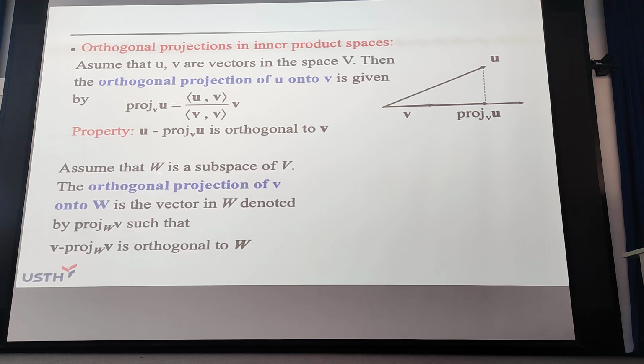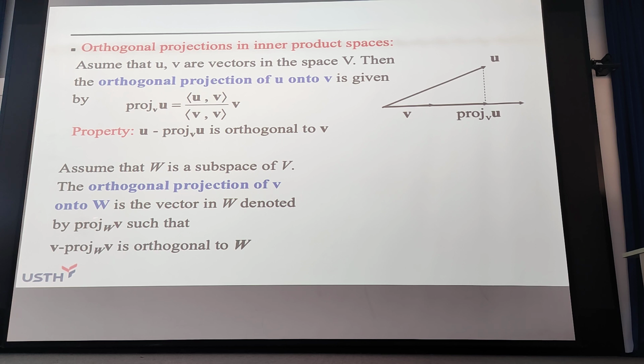Suppose that we are given a subspace W of V. Then the orthogonal projection of V onto the subspace W is a vector inside W. I would insist that it must be a vector, and that vector must lie in the subspace W, and that projection will be denoted by that one.